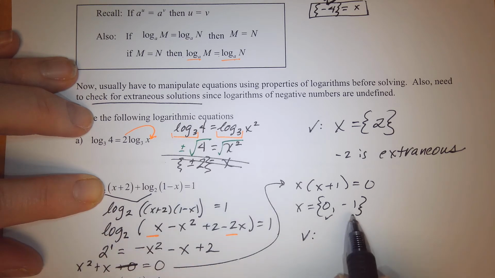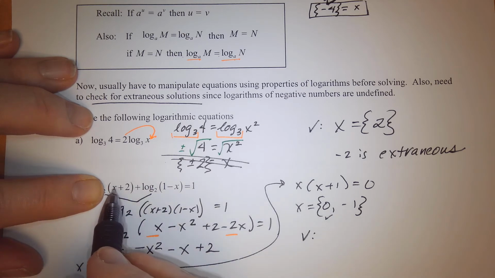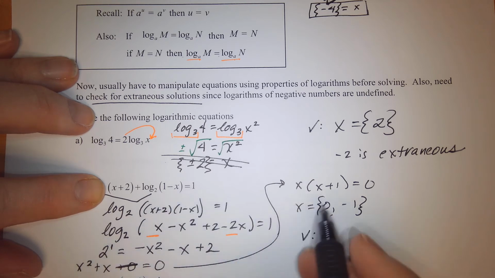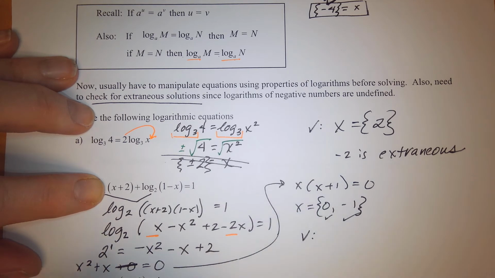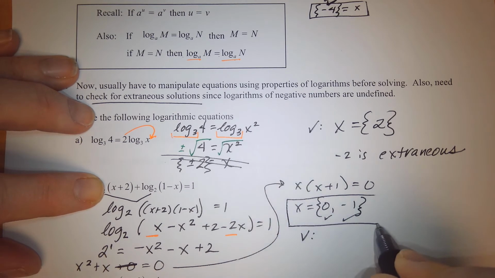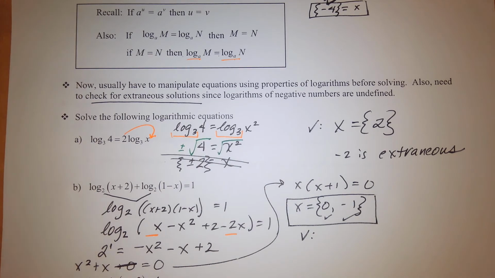So now let's check -1. -1 plus 2 is 1, so this is positive, so that checks out. 1 minus -1 is actually 1 plus 1, so that's 2, which is a positive number, so that also checks out. So both of these answers are actual solutions. There are no extraneous solutions.